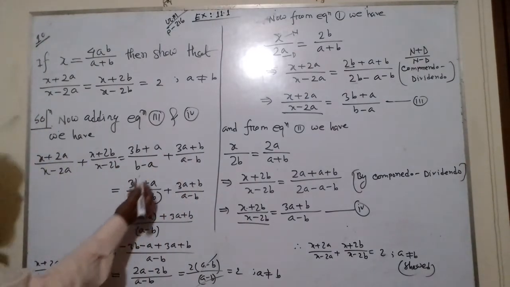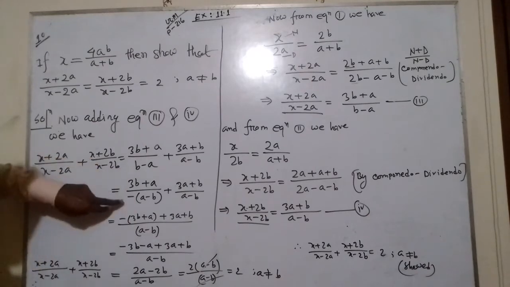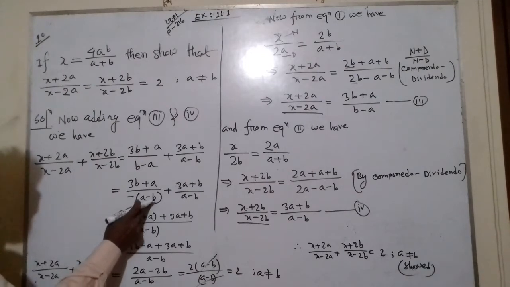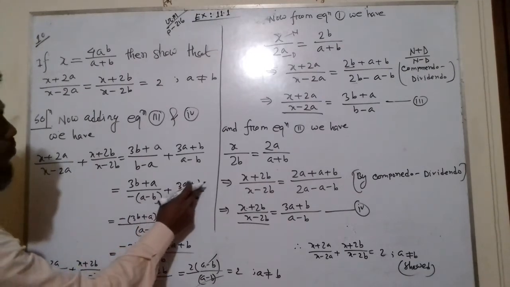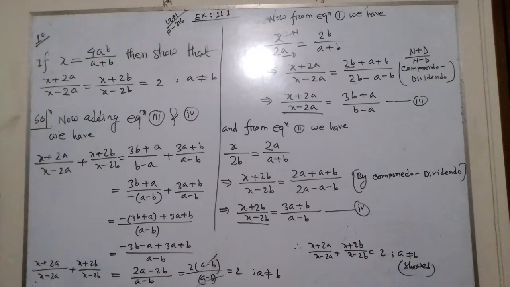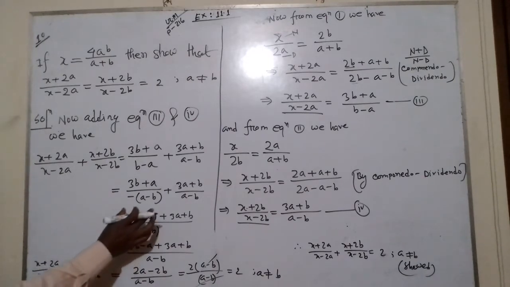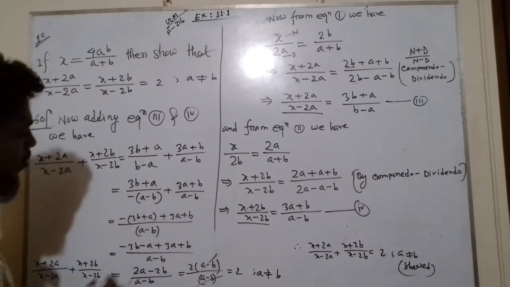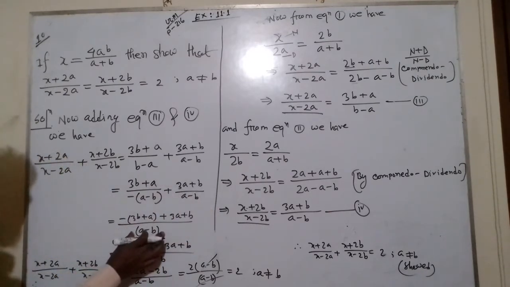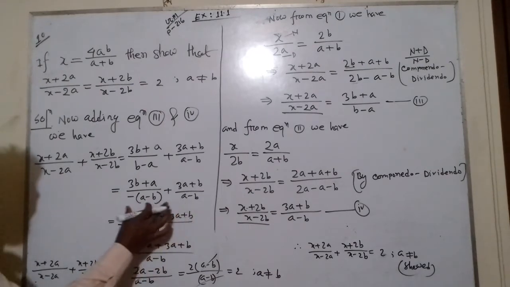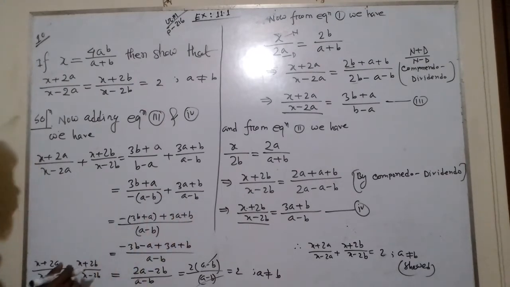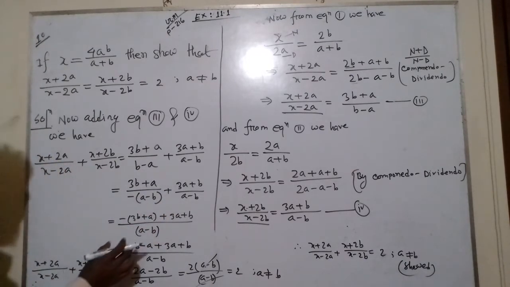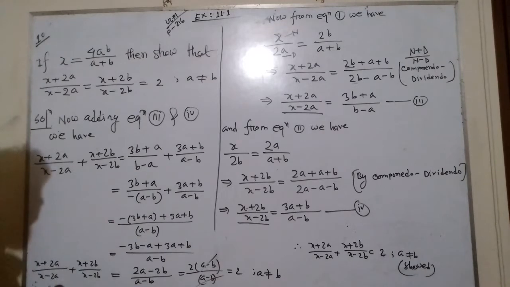Now taking minus common from this part, we can write (a − b) plus (3a + b) divided by (a − b). Now taking the LCM of the denominators, a minus b is the LCM.